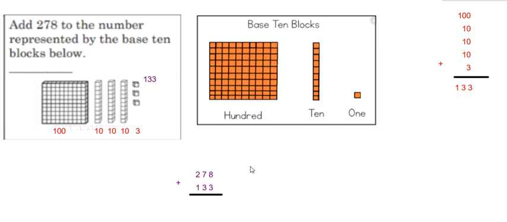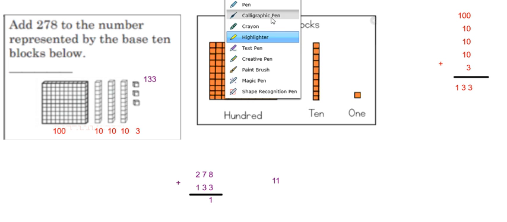When I get my 11, I know that I cannot write 11 right here. That would not be the right way for me to do it. I'm going to go ahead and write 1 and carry the ones in the tens place over. So if this is my 11, this one right here, I'm going to go ahead and get it right here.